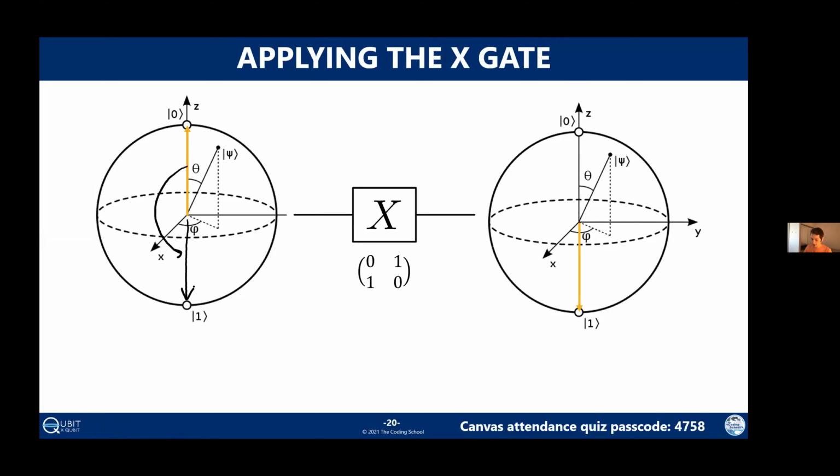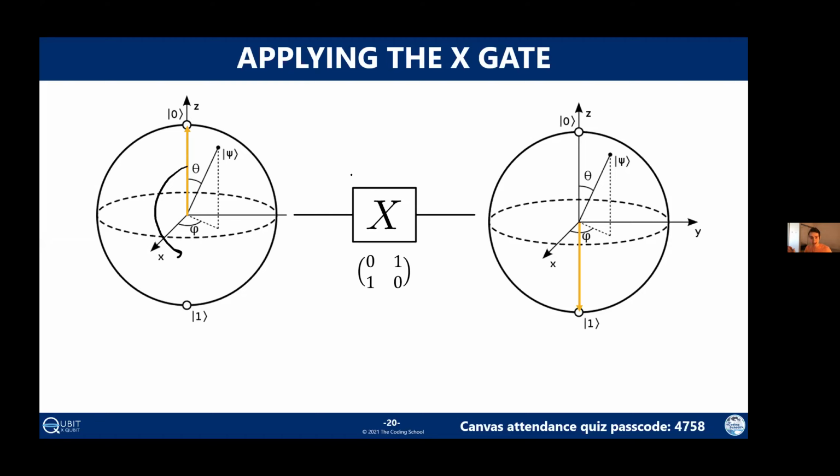Hopefully you can visualize taking the arrow pointing up and rotating it 180 degrees, and then it'll be pointing down. This is a common pattern with quantum gates. Every gate, and I'll mention this at the end too, because it's a very interesting and powerful result, corresponds to a rotation of the Bloch sphere.